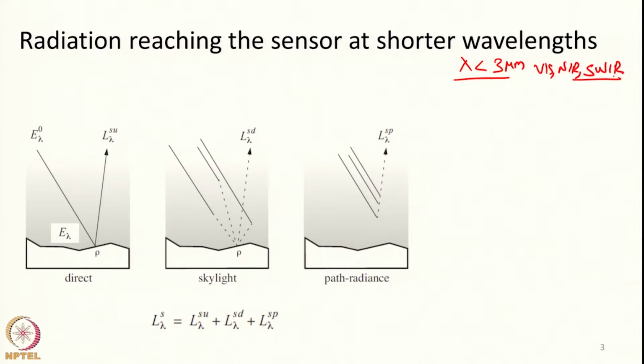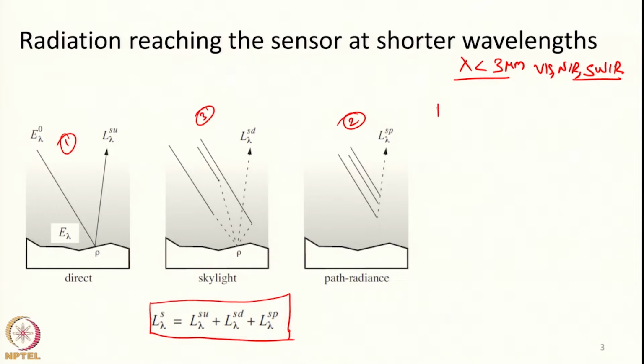As I said before, it has only 3 paths depicted here: the direct path, path 1; path radiance, path 2, that is the diffuse skylight directly reaching the sensor; and path 3, the reflected component of diffuse skylight. Path 4 and path 5 from the previous slide we are neglecting here.